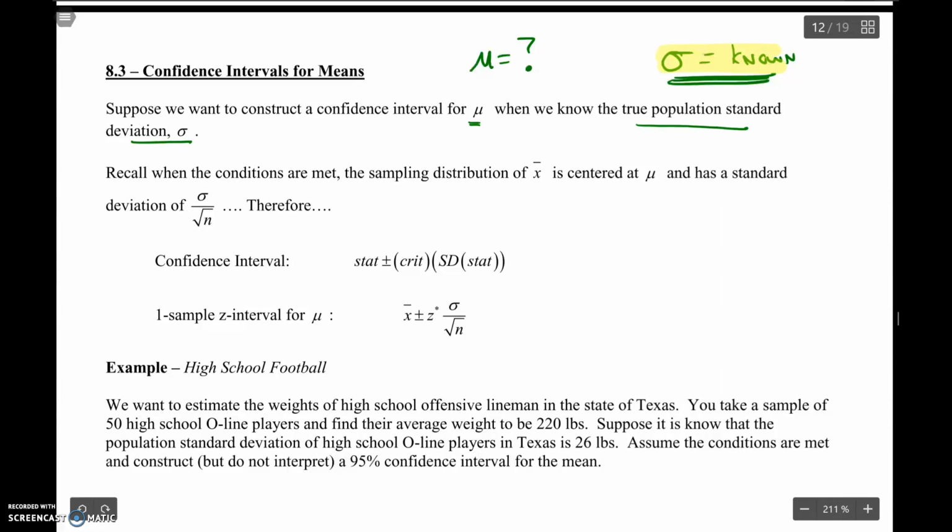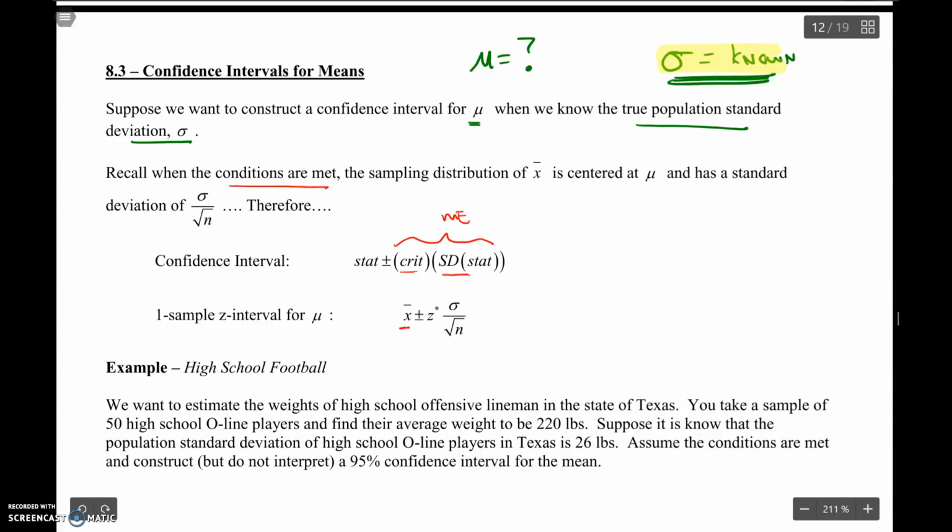Recall when the conditions are met, the sampling distribution of x bar is centered at mu and has a standard deviation of sigma over square root of n. So your confidence interval is always going to be your stat plus or minus your margin of error, which is calculated by taking the crit value times the standard deviation of the stat. So the formula is different because we use x bar to estimate mu.